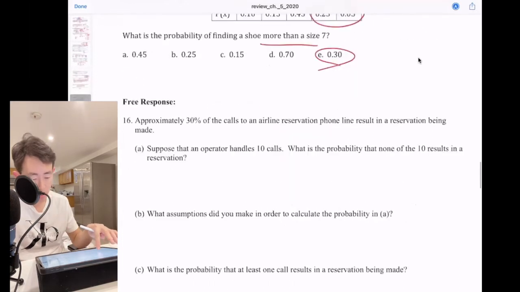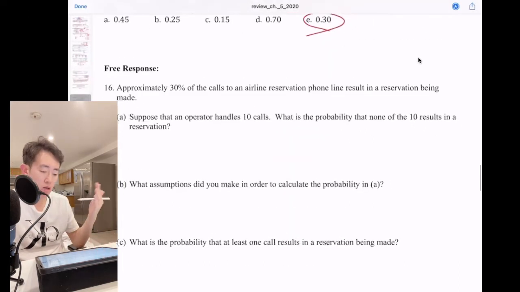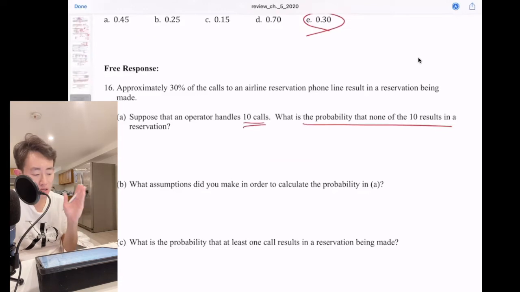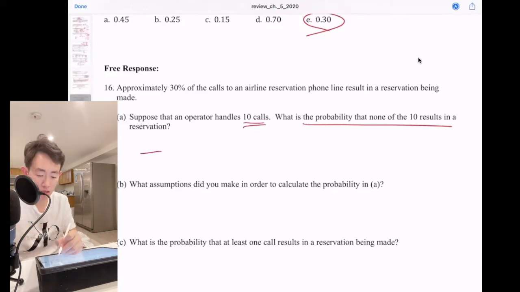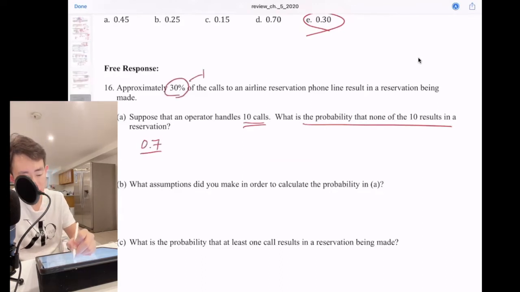That was easy. Approximately 30% of the calls to an airline reservation phone line result in a reservation being made. Suppose that an operator handles 10 calls. What is the probability that none of the 10 results in a reservation? The first call not being a reservation is 0.7, because 30% is for the reservation and the rest, 0.7, will be not reservation.